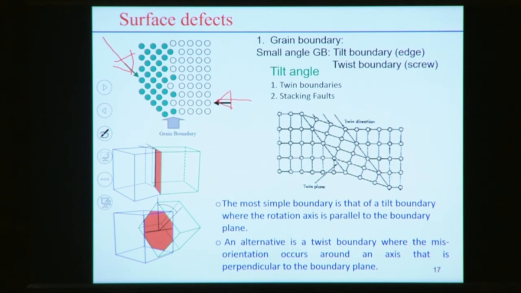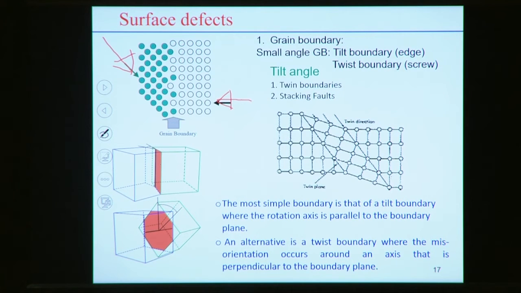So one grain has one orientation, and in another grain the atoms have another orientation. The typical terms generally used for grain boundaries are the small angle grain boundary, where the orientation difference is small, and if the orientation difference angle is very high, it is considered a high angle grain boundary.